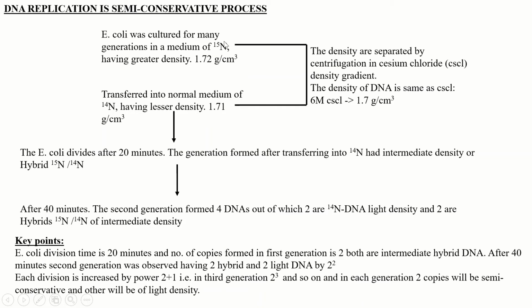So when it is heavy nitrogen, its density will also increase, and the density is 1.72 gram per cubic centimeter. But for light DNA, we can see that its density is lesser, and that we termed as lesser density or light DNA.